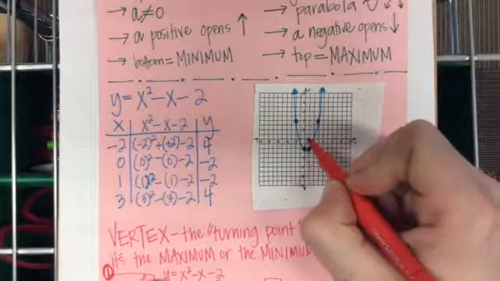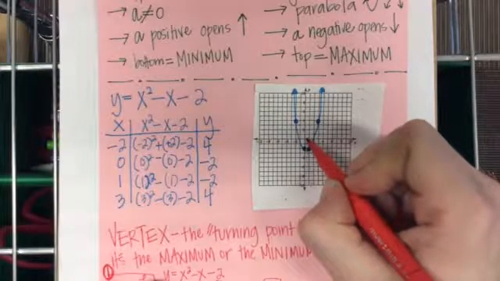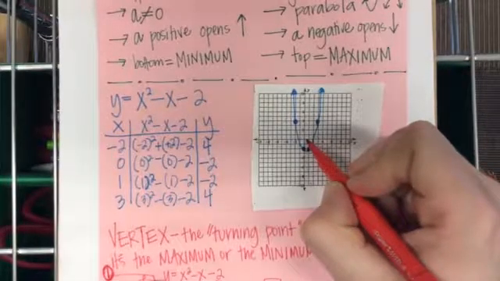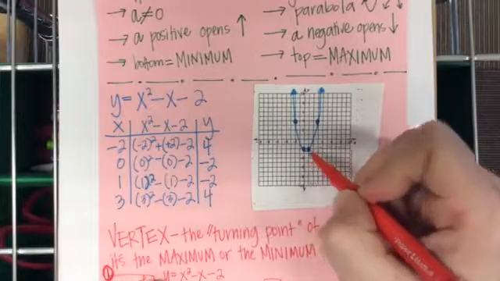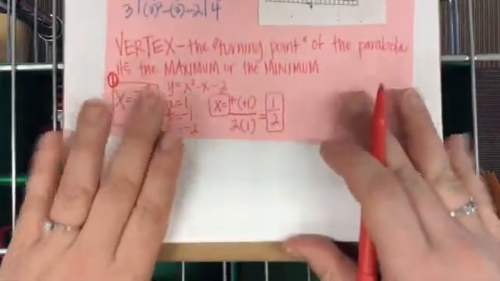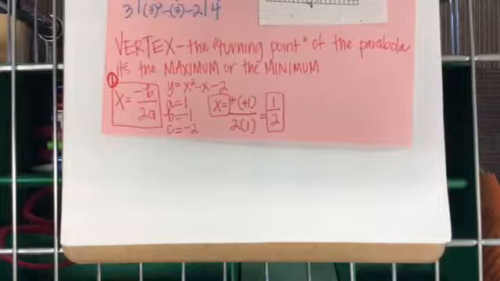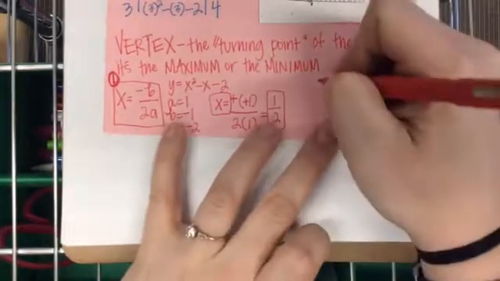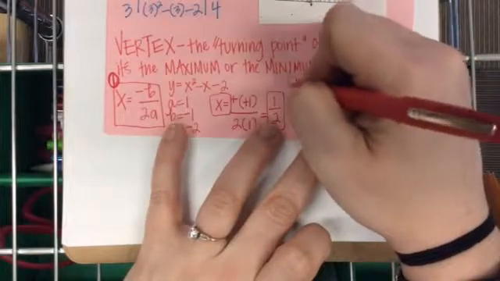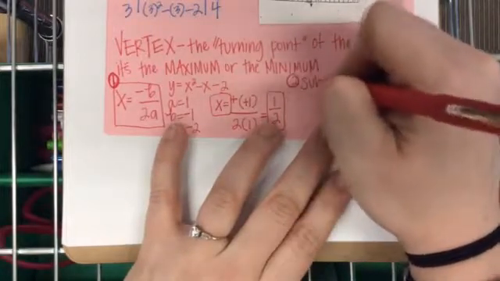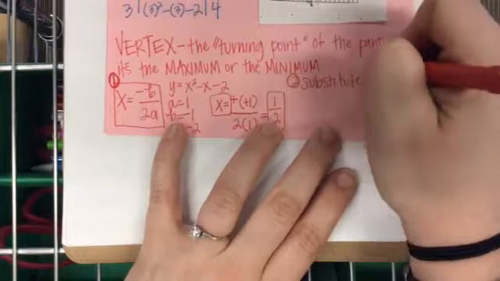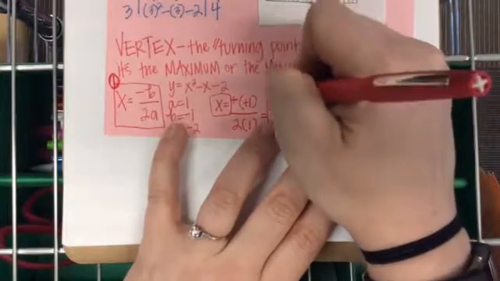Yeah, I think that would make sense. But I need to go down now. I need to find my ordered pair. So what do you think I should do with that x value of 1/2? Put it in the x in the other problem. Substitute. I'm going to substitute.